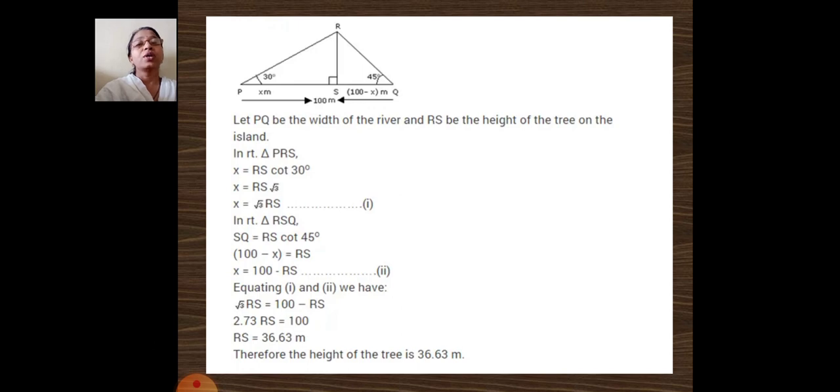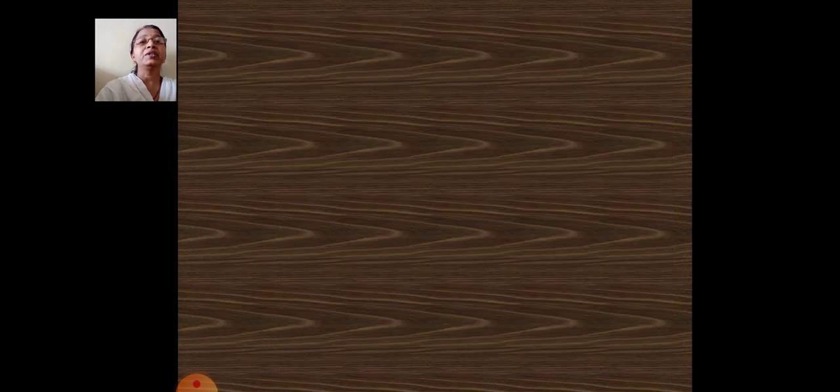Now take RS common and substitute the value of root 3. Root 3 is 1.73, plus 1, RS, that is 2.73 RS is equal to 100. Therefore RS is equal to 100 divided by 2.73. On simplification you will get RS is equal to 36.63 meters. Therefore the height of the tree is 36.63 meters.